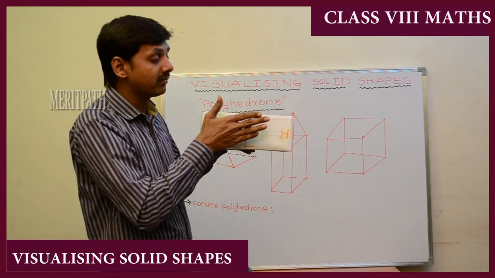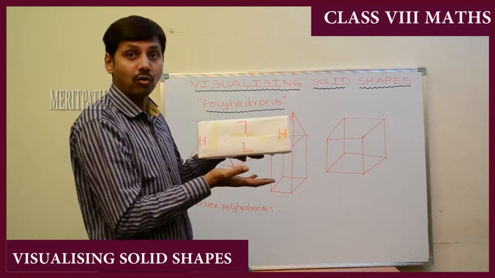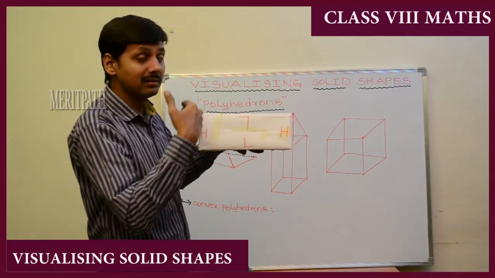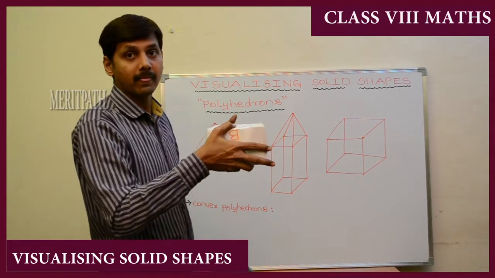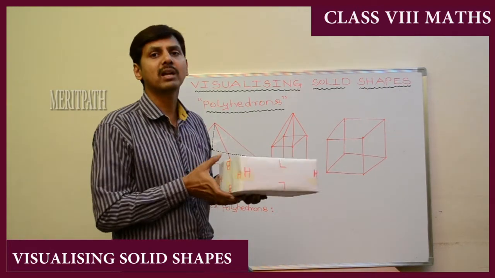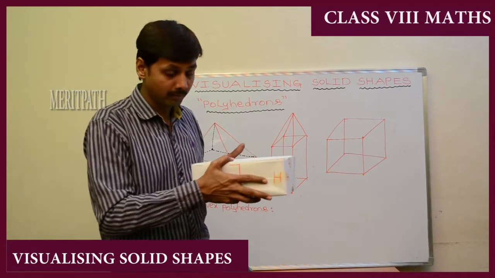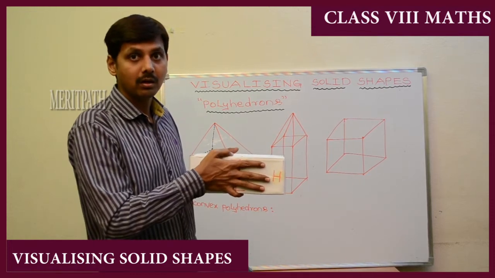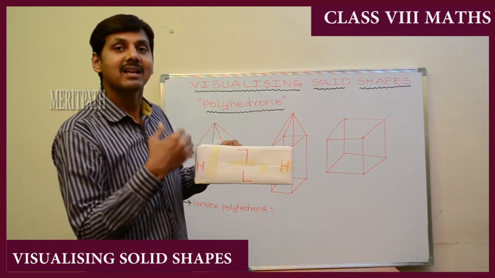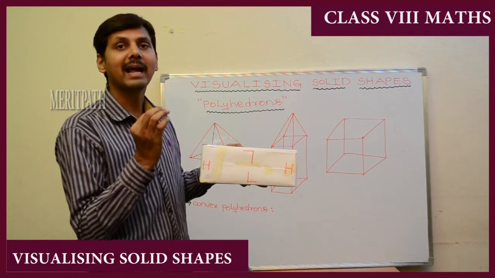So 1 and 2, back side 3, 4, and now 4 are completed. Let's see the lateral sides: 5 and 6. So it has 6 faces. A cuboid has 6 faces.